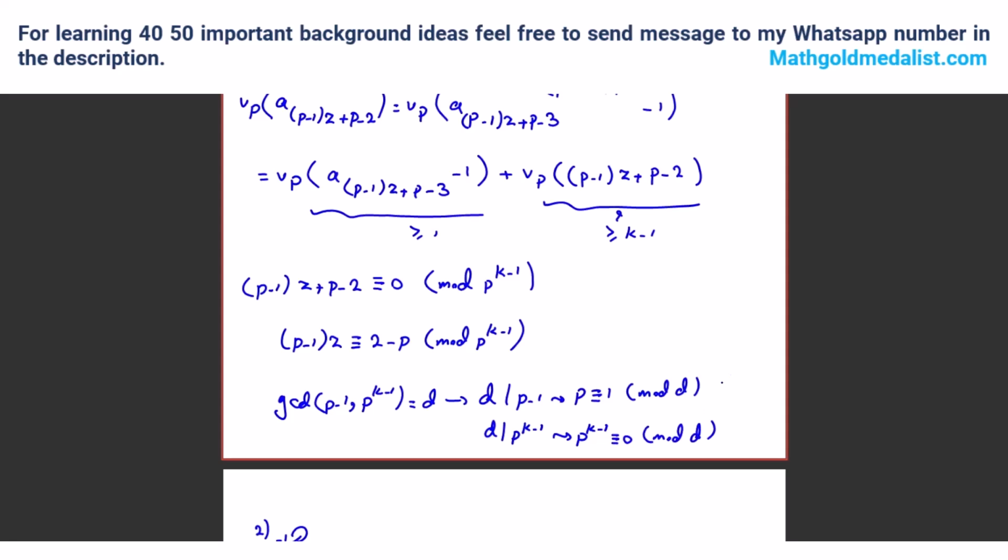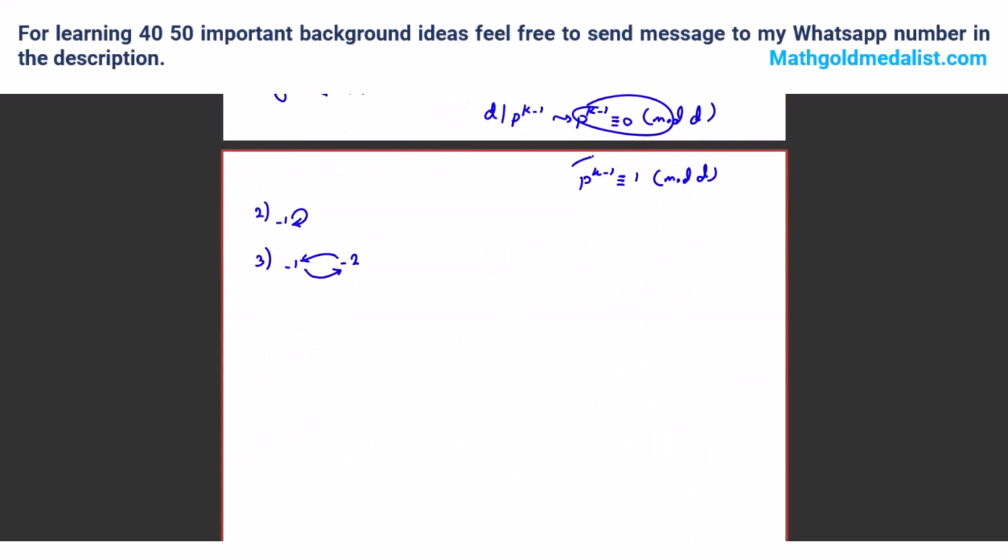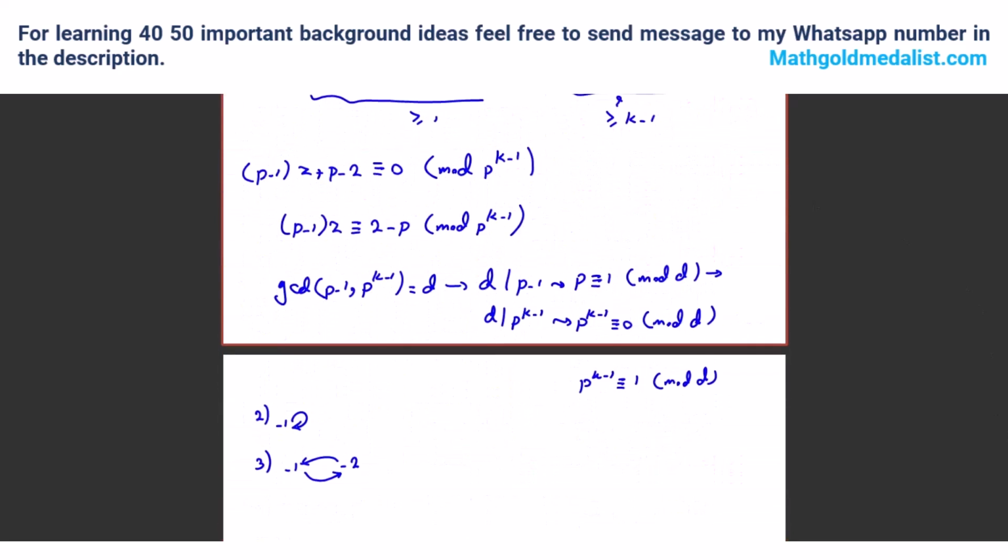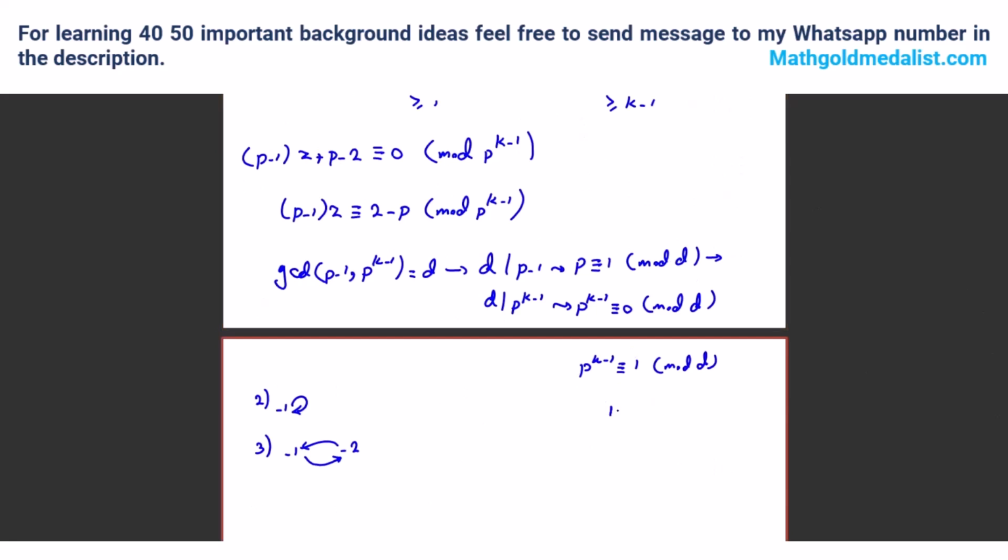So from here you can raise both sides to the power of k minus 1, so p to the k minus 1 is 1 mod d. And by considering these two things, we can say 1 is 0 mod d. So d divides 1, the difference, and because by definition the GCD is positive, d is 1.